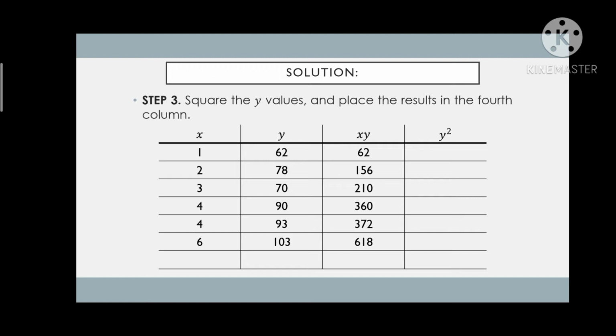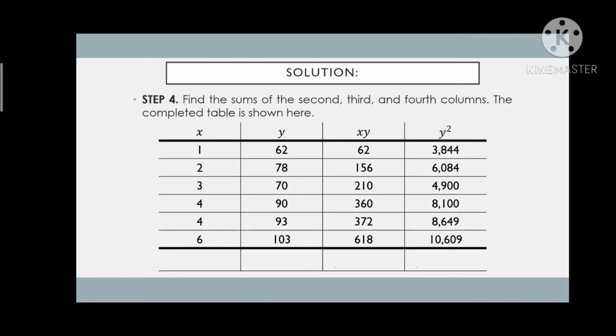We have 62 square equals 3,844, 78 square equals 6,084, 70 square equals 4,900, 90 square equals 8,100, 93 square equals 8,649, 103 square equals 10,609.